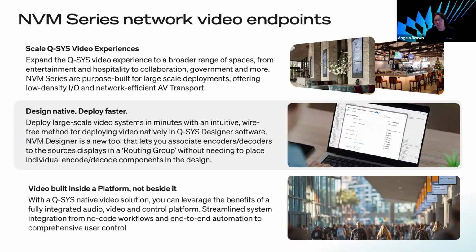So talking about these just a little bit more, expanding the video experiences to a broader range of spaces. I think one of those is from a cost perspective. I love the NV32. I design with the NV32 every day. I put it into more designs than I care to count, and probably would be an appalling number for everybody here. However, it is expensive. When you get into using Shift as a codec and using the box and all the features, you don't want to put an NV32 behind 300 displays in a casino.